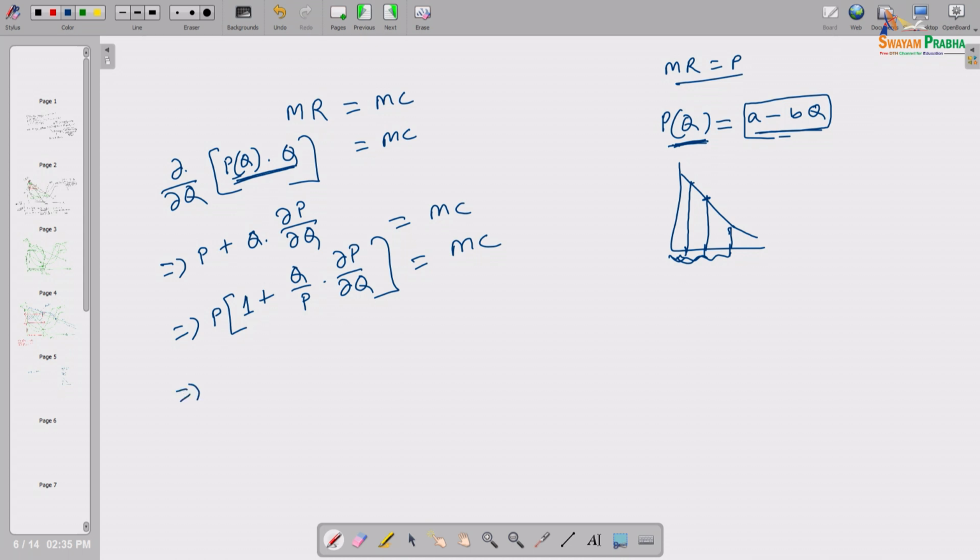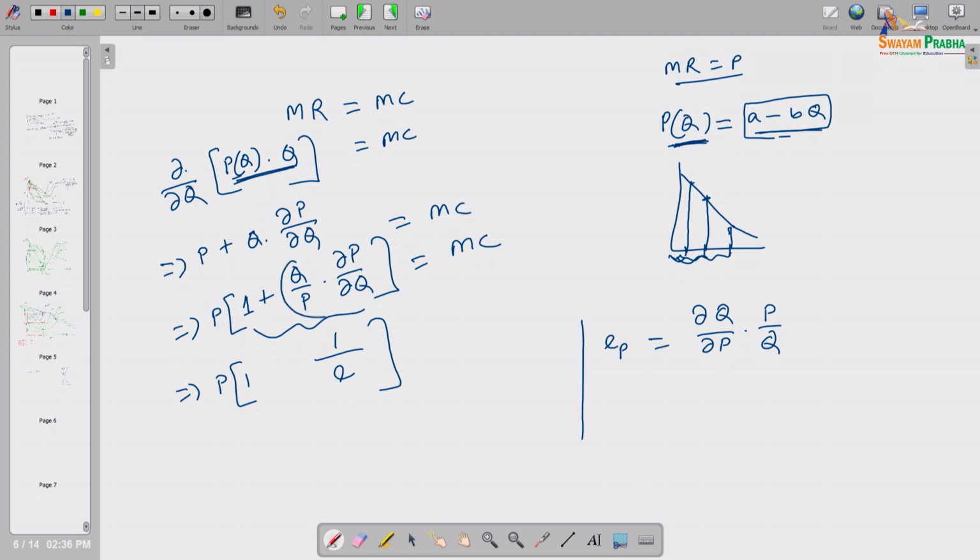So, the left hand side of this equation I can write as price into 1 upon elasticity. Look here, the price elasticity of demand, the own price elasticity of demand, is by definition del Q by del P into P by Q. If you can remember, we have discussed that earlier, okay. And here, what is that? It is exactly the reciprocal of that.